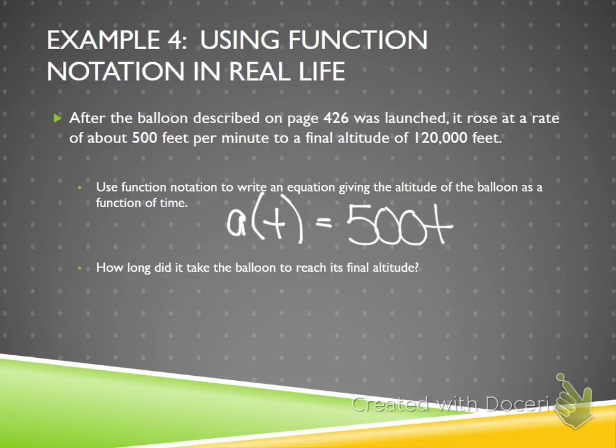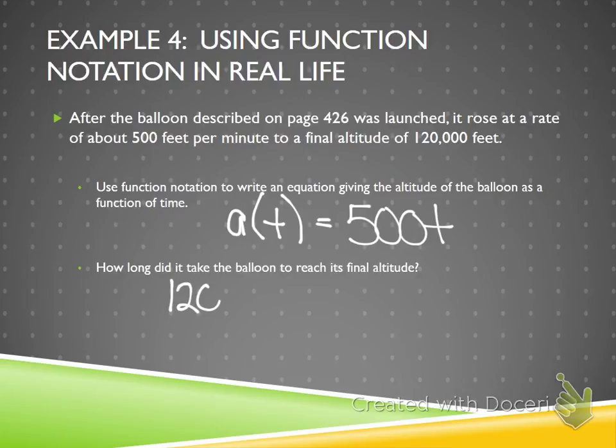So now I need a value either for time or for the altitude. There's a t, okay? So it gives me a final altitude of 120,000 feet. Where do you think you're going to plug that in for? In for t or in for your altitude? Yes, of course.